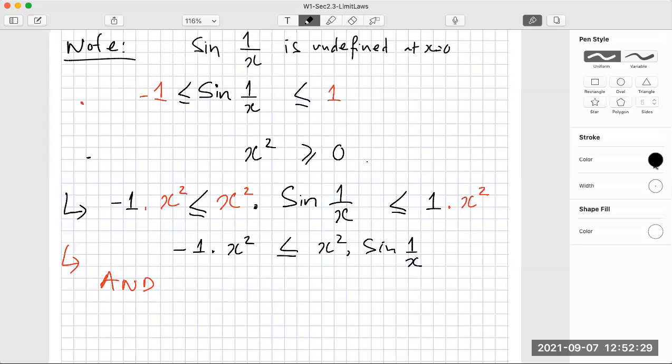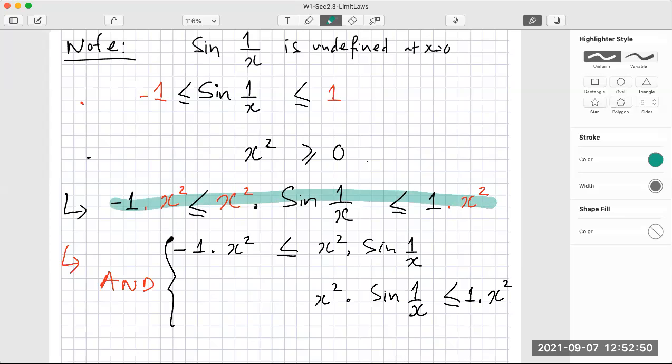And the second inequality will be x squared times sine of 1 over x here smaller than 1 times x squared. They're combined, we're lazy, right? We try to write it this way. Simply, this one is the same as this guy and this guy, okay? Are you comfortable now? Yes, very good.